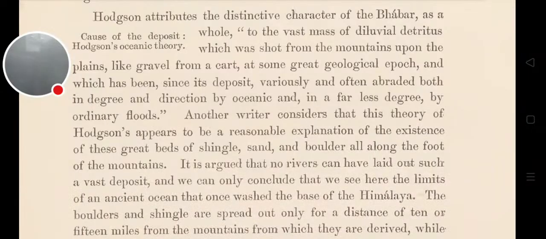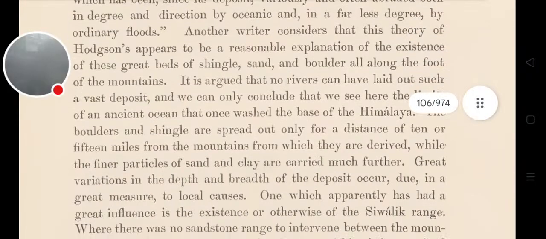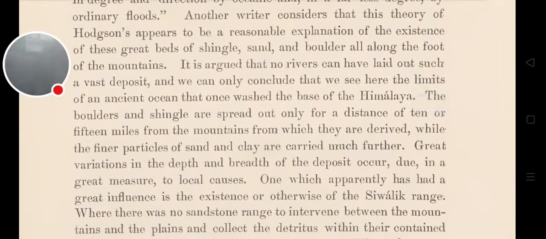Another writer considers that this theory of Hodgson's appears to be a reasonable explanation of the existence of these great beds of shingle, sand, and boulder all along the foot of the mountains. It is argued that no rivers can have laid out such a vast deposit, and we can only conclude that we see here the limits of an ancient ocean that once washed the base of the Himalaya.